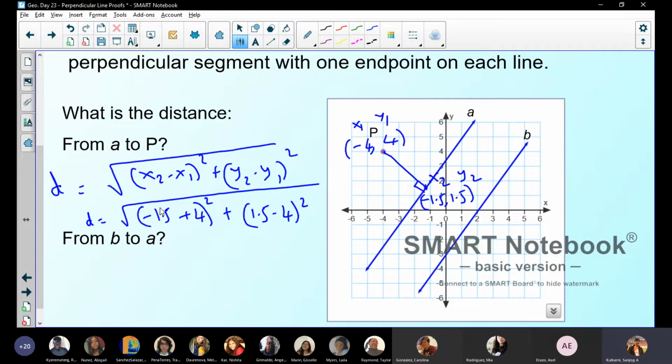I see root 12.5. That should be right. So let's check that.